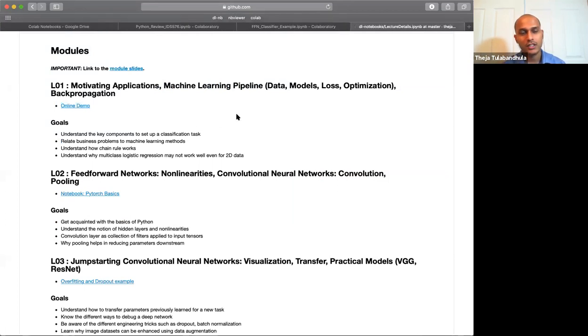So the goals for last time were to understand the key components of a classification task. This is basically a recap of things that you might have seen in 572 or 575 or elsewhere. From our perspective for this course, you just need to know those four components. There's a lot more that goes on when you talk about classification models.